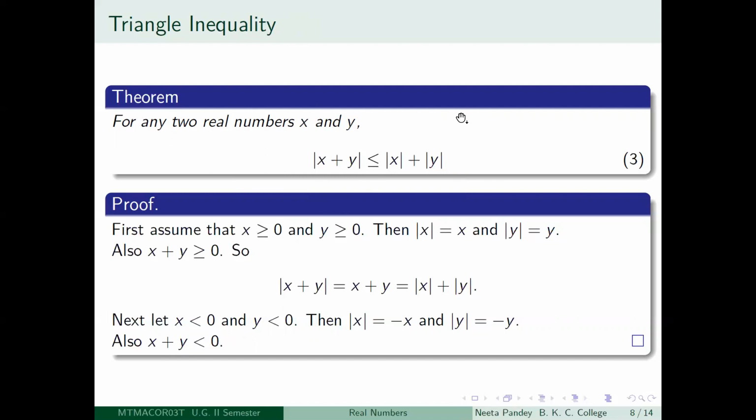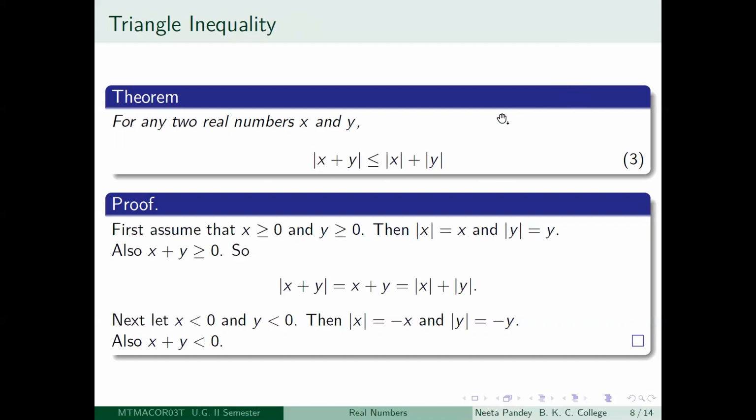So just try to imagine that again. Why I call this a triangle inequality is that suppose from some point you go to another point a distance of mod x, imagine vectorially, and then from that point you go to some other point of distance mod y.